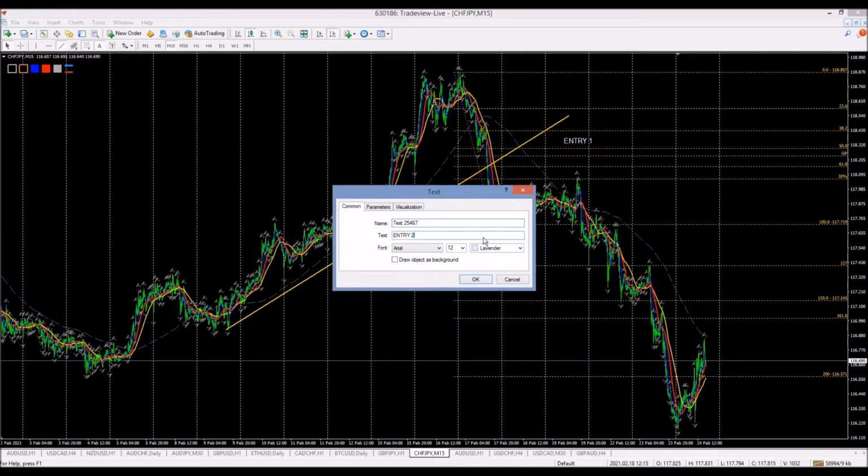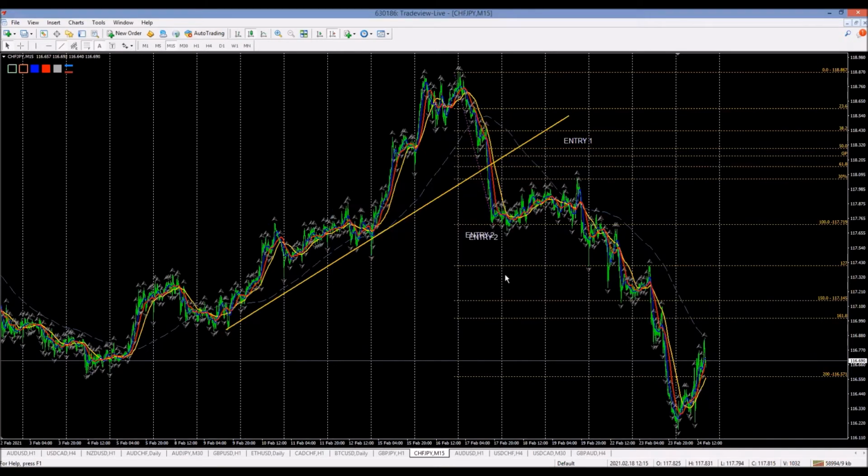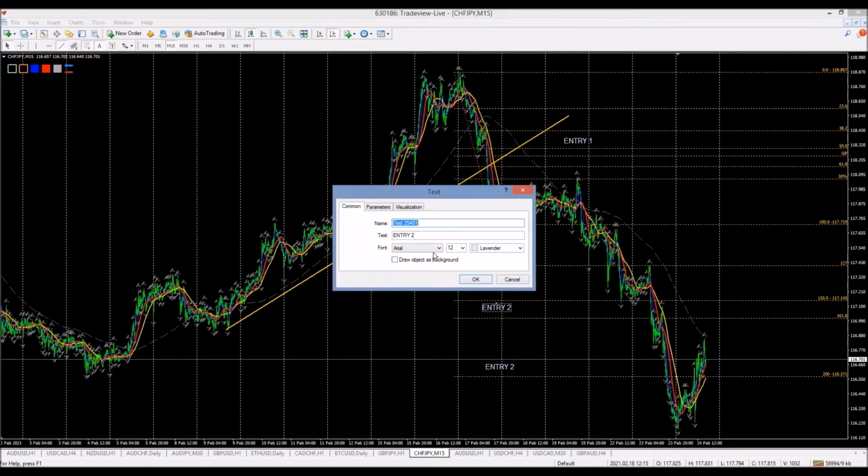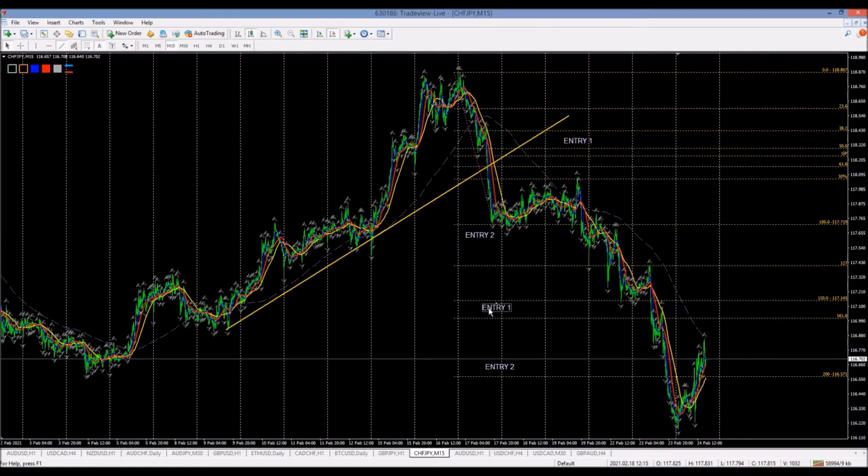Right? And then we have target 1 and target 2. Very simple, very simple strategy, right? There we go. Entry 1, entry 2.